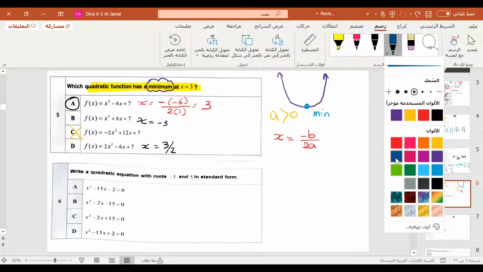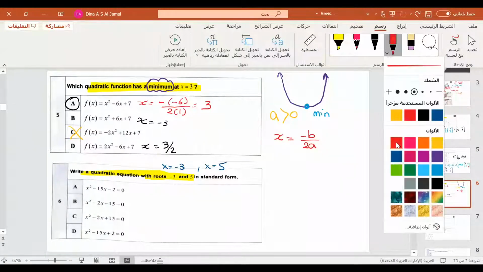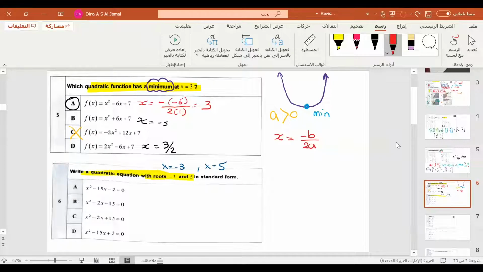Let's go to the other question. Write a quadratic equation with the roots he gave you: x is equal to minus 3, x is equal to 5. So let's learn a way that will be helpful for you.